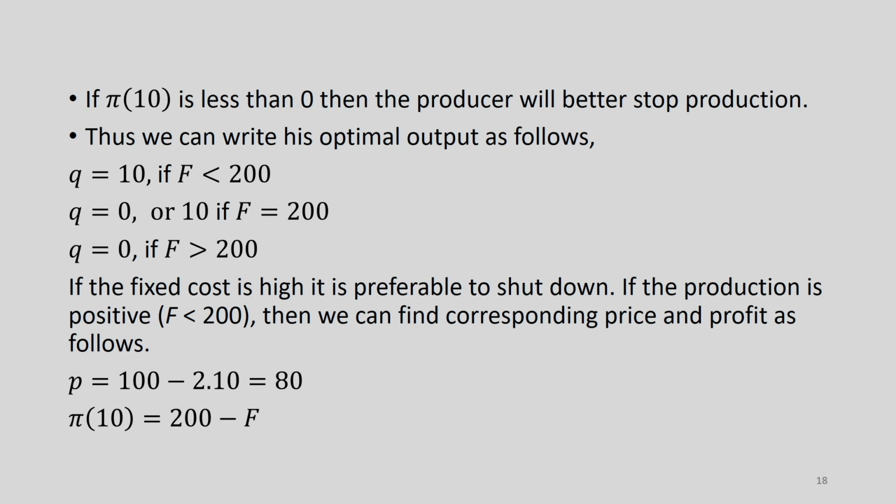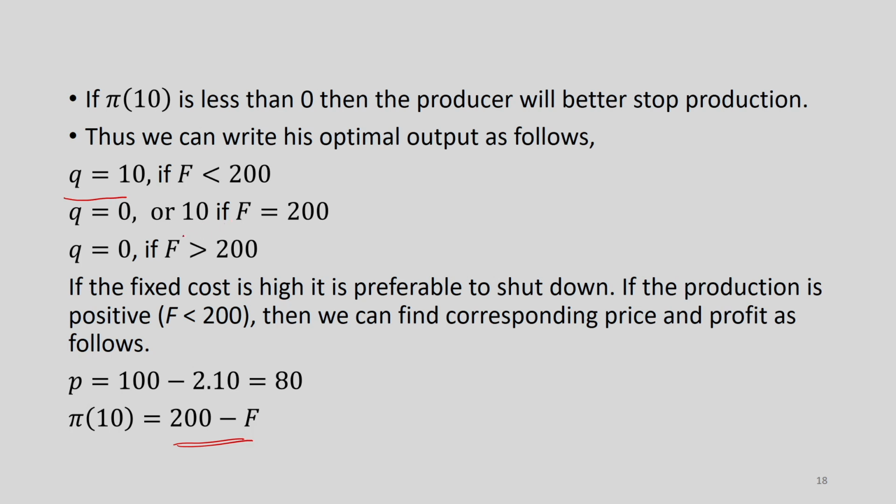Thus, we can write the optimal output as follows. It is q is equal to 10 if f is less than 200, because you know the maximized profit is this 200 minus f. So, as long as f is less than 200, then the maximized profit is positive. So, in that case it is worthwhile to produce.